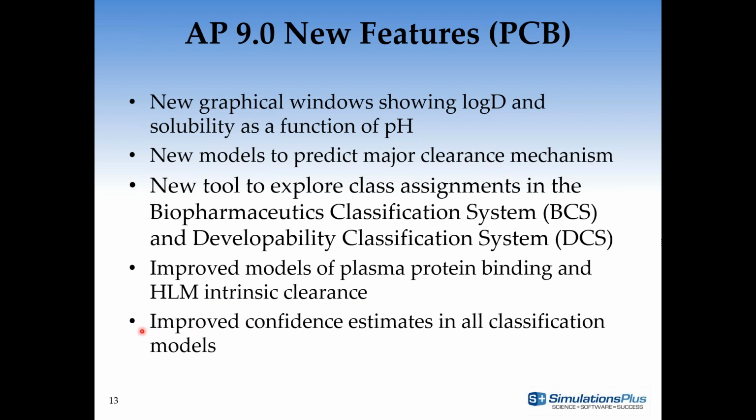So we have developed a proprietary methodology to provide a confidence score along with the actual prediction. And to introduce this new methodology of providing confidence estimates, we had to rebuild those models. So in ADMET Predictor 9, all of those models will have improved estimates of confidence.